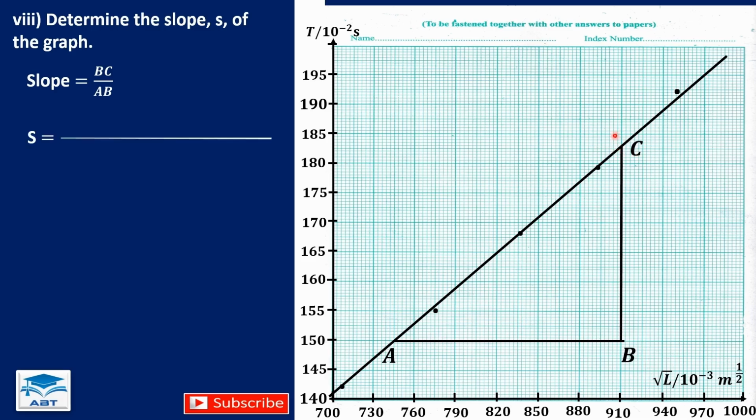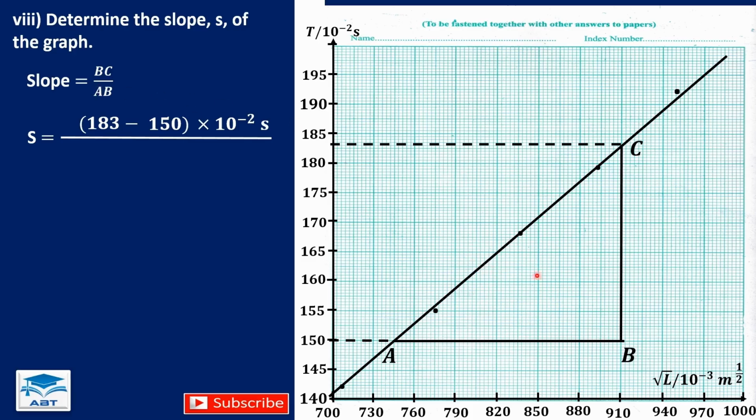So to get C, we draw this line and we have 183 minus B, which is 150. Remember, times 10 exponent negative 2 on the vertical axis, and the unit is seconds.